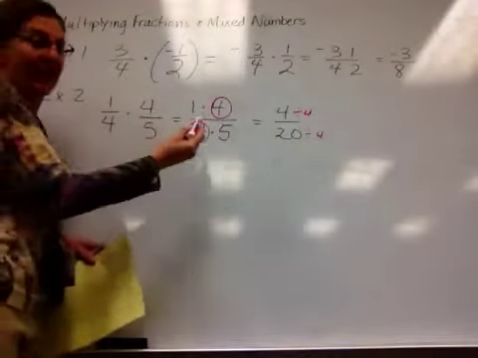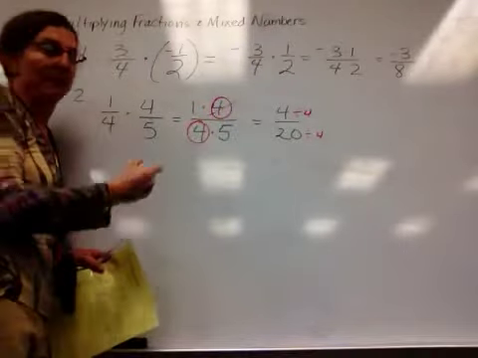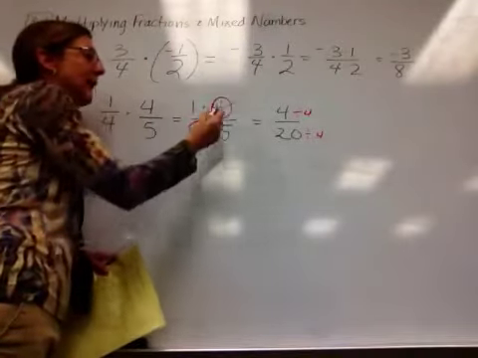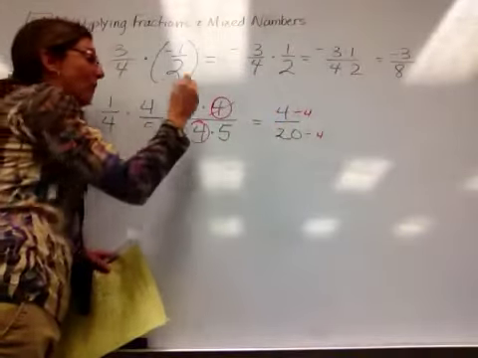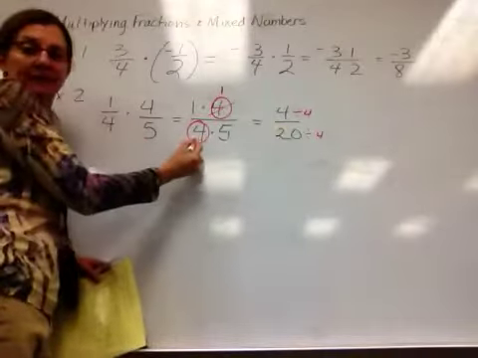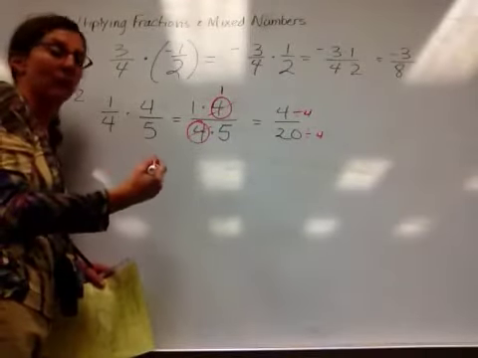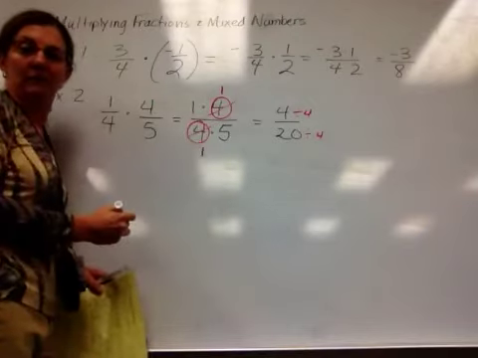So what I'm going to do is say, okay, I'm going to divide out this 4, and I'm going to divide it out by putting a little slash through it. And when I divide 4 by 4, what do I get? 1. Now back down here, I'm going to divide out a 4. Well, I'm going to just divide it out here, so I'm going to cancel it out. When I divide 4 by 4, what do I get? I get 1. Okay?